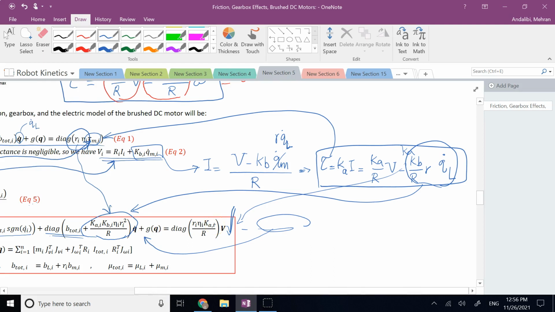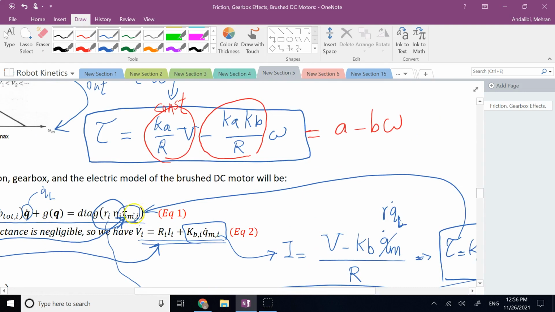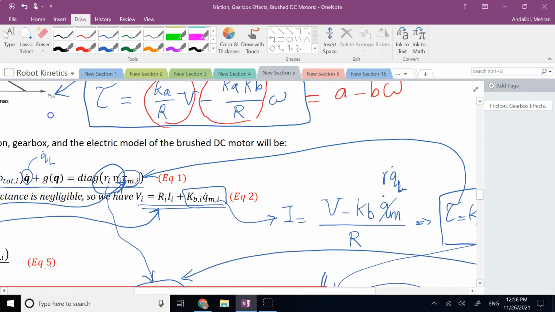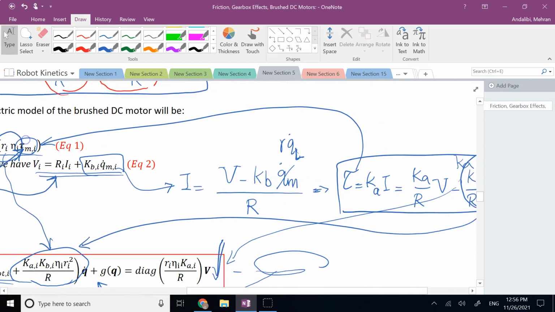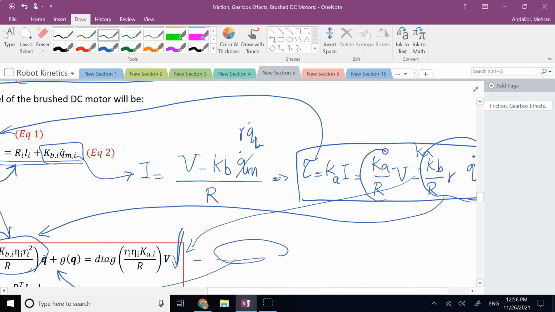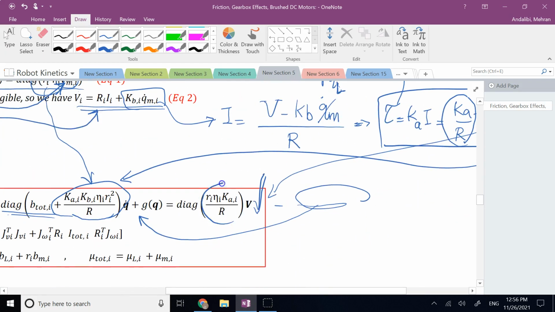And now in the right hand side, the diagonal R eta term, now what you need is to keep the V term. So the coefficient that you have is R eta, and here the coefficient of V that you have is Ka over R. So Ka over R and eta are multiplied all together and give you this term, and then times the voltage.